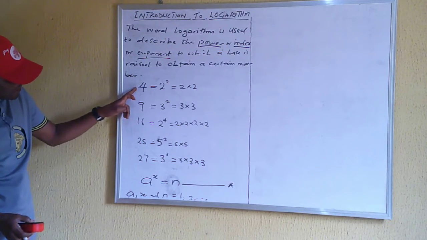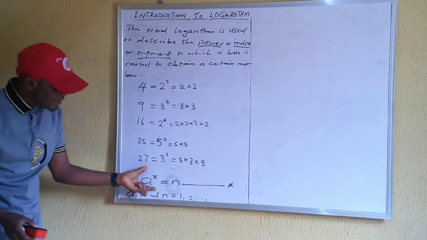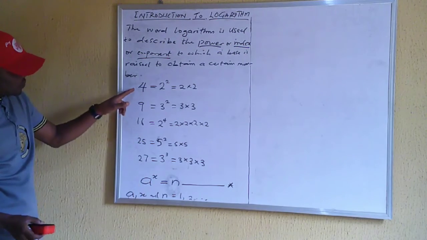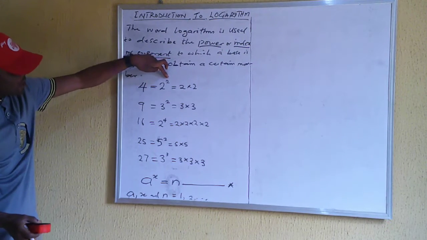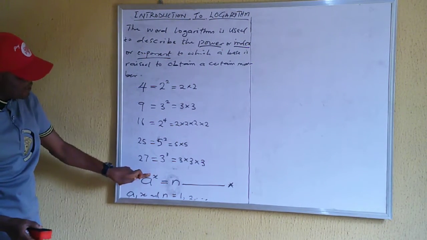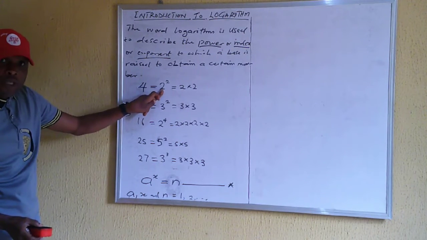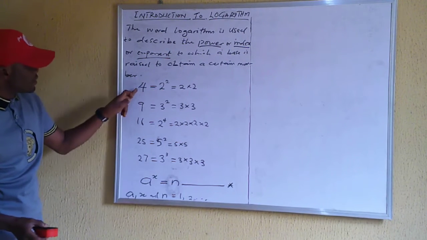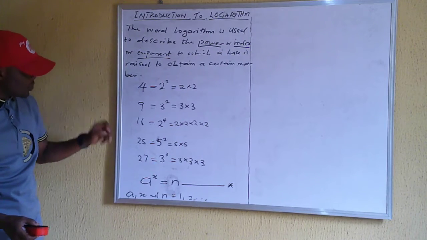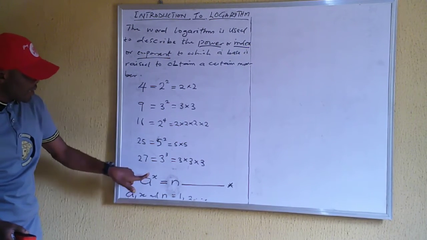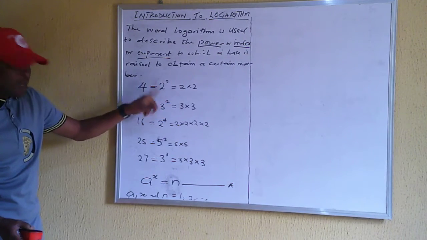All of these numbers are represented in this generalized term. For 4, the power 2 is x, a is the base, which is 2, and n is 4. Also for 9, n is 9, a is 3, and x is equal to 2, and so on.